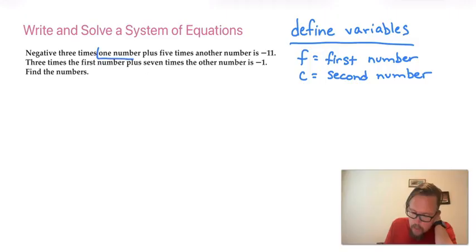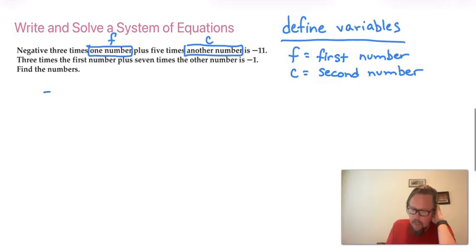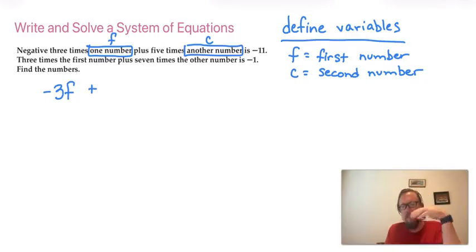So one number, that's going to be our first number, is f. And another number, that's going to be our second number, that's going to be c. So negative 3 times the first number will be negative 3 times f plus, and then 5 times the other number, so 5 times c is negative 11.